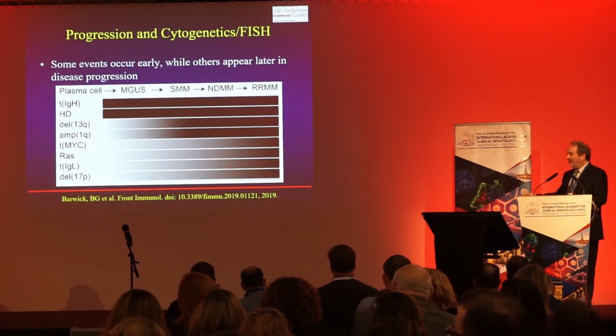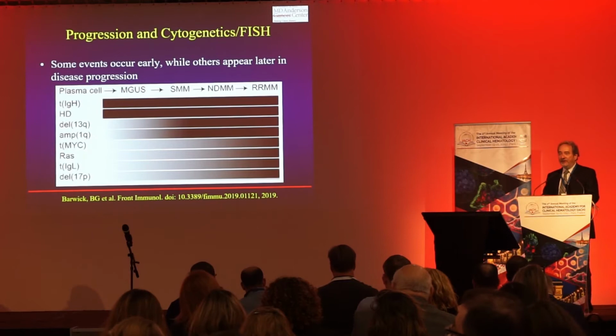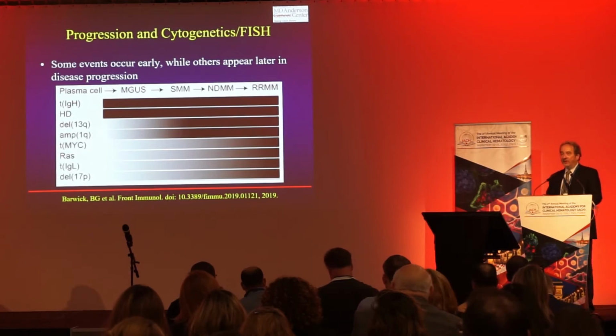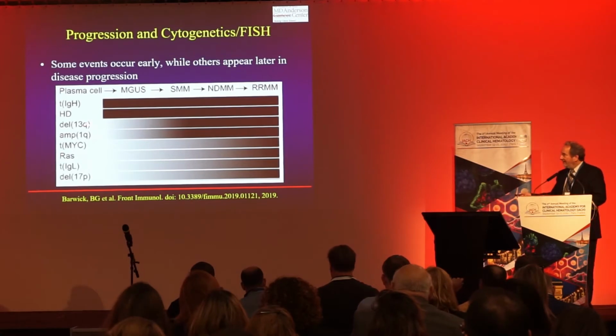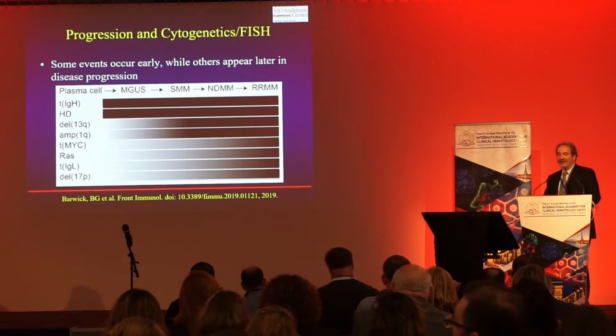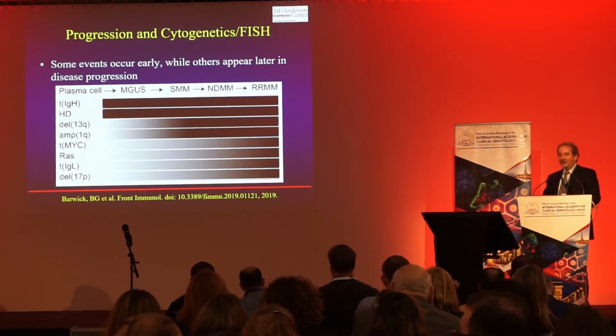But we know, for example, that dysregulation of p53 can occur through a number of mechanisms, not just deletion of 17p, and the same thing with MYC. The classical MYC translocations seen in Burkitt, for example, are rare, but there are other ways that you can enhance MYC expression.